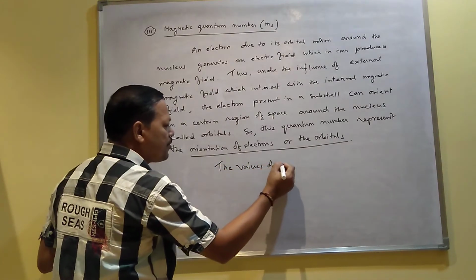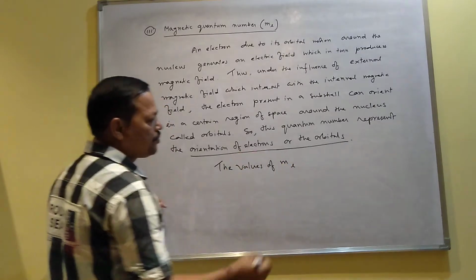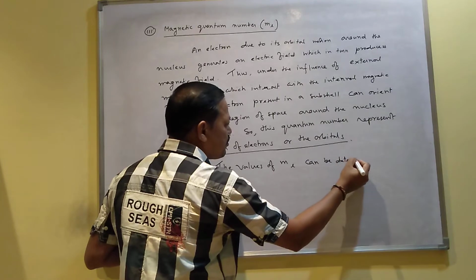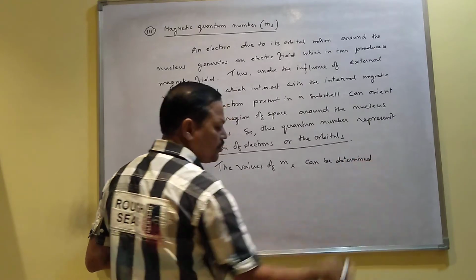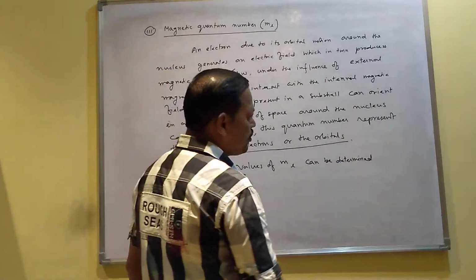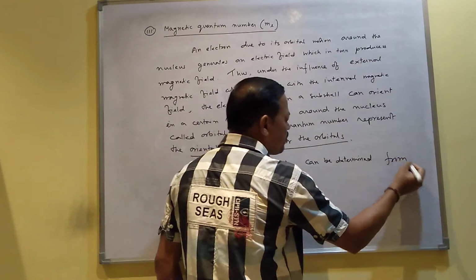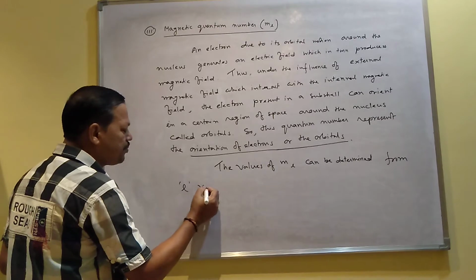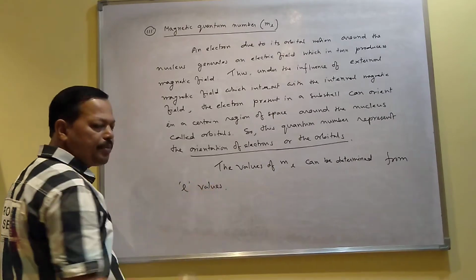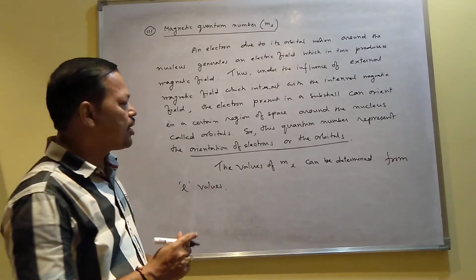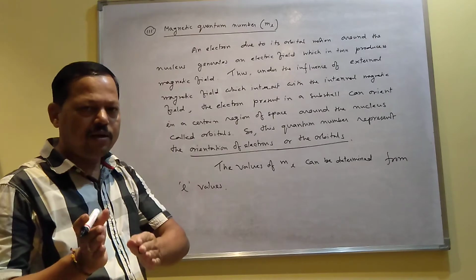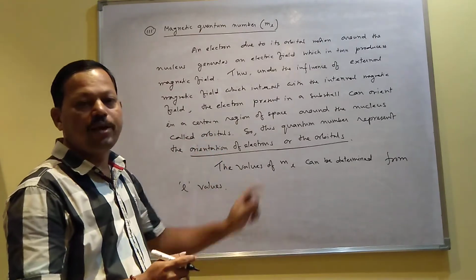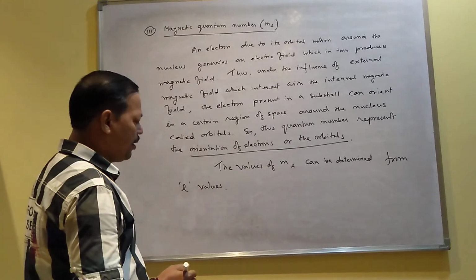The values of ml can be determined from the L values. Each quantum number is related to the others. If you know the value of n, then you can find L. If you know L, then you can find the value of ml.